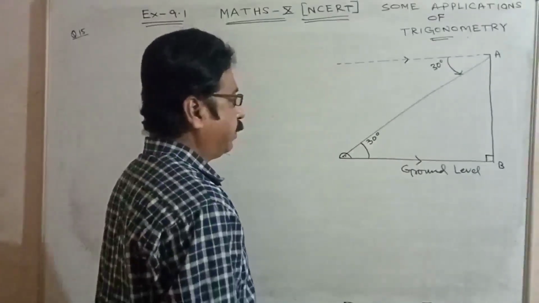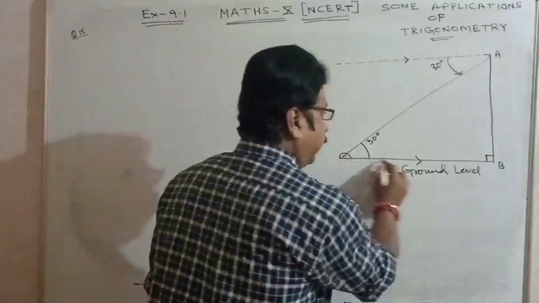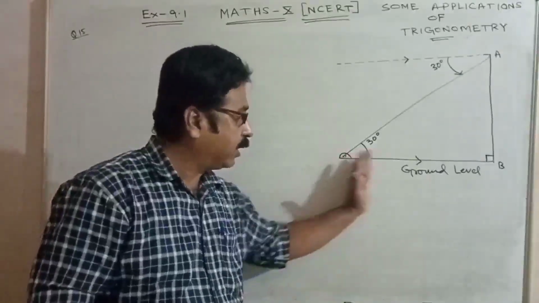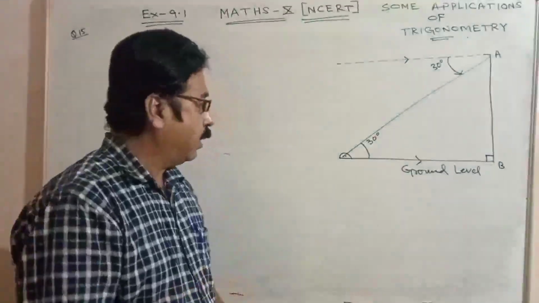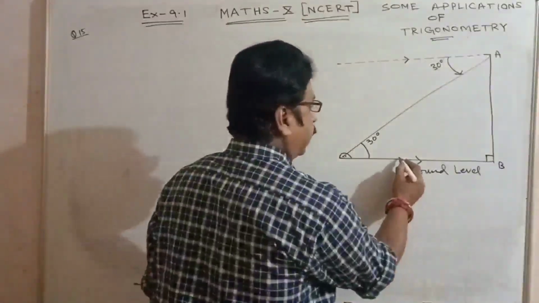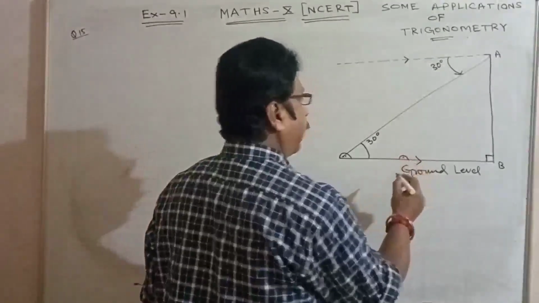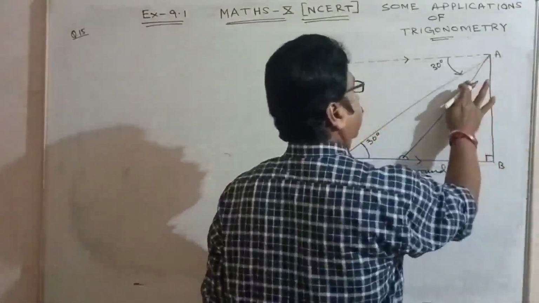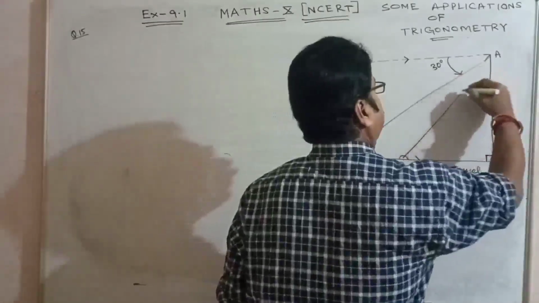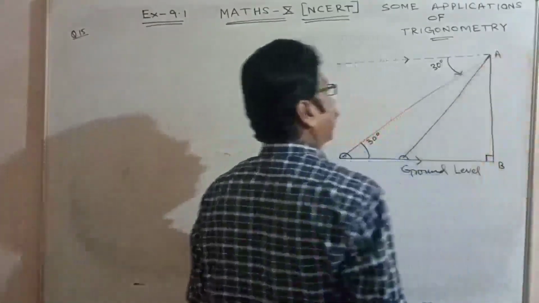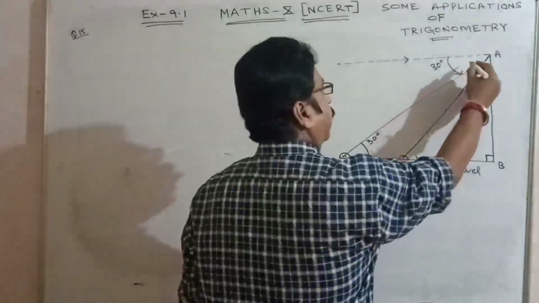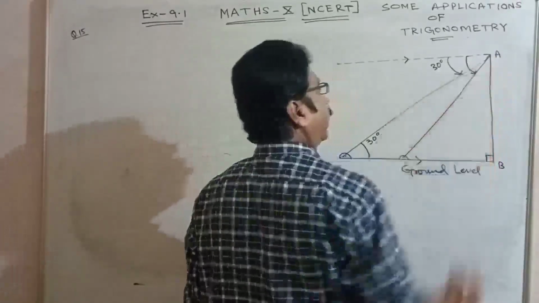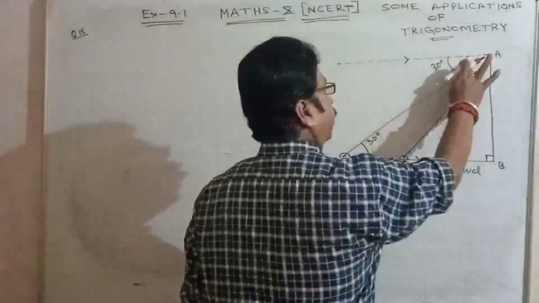Now, car is approaching towards the tower. Car is moving towards the tower. Suppose next position of the car is here. This angle of depression we can write here.